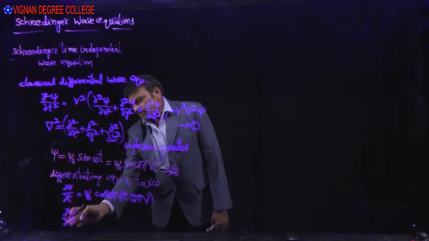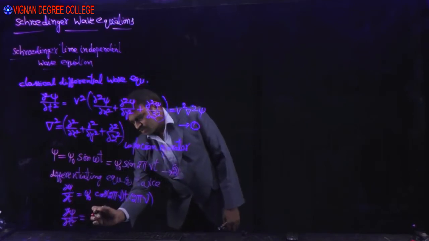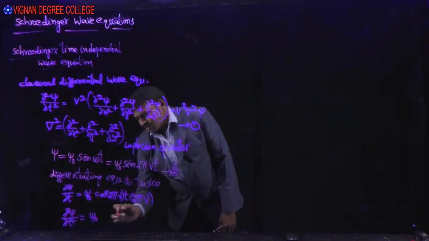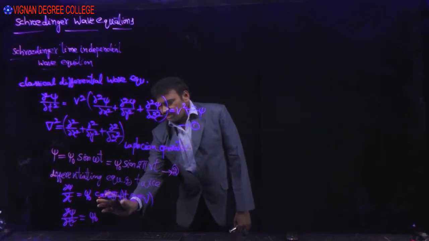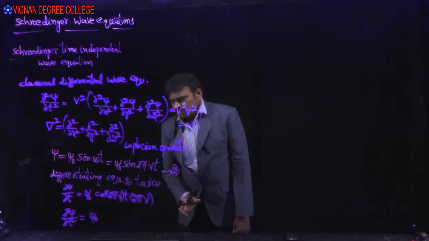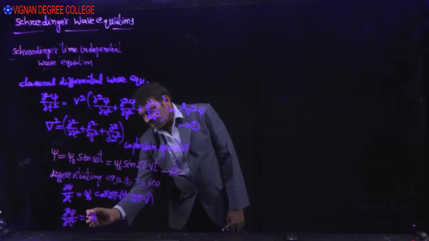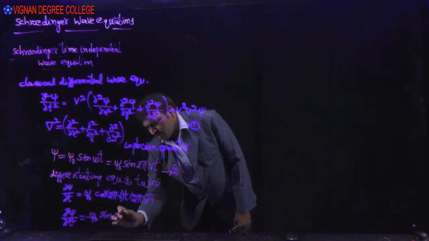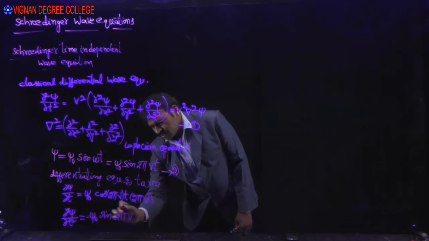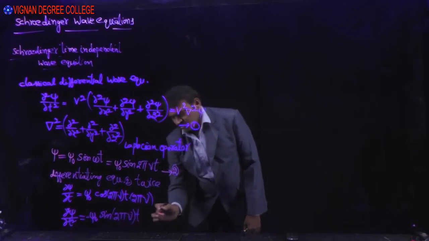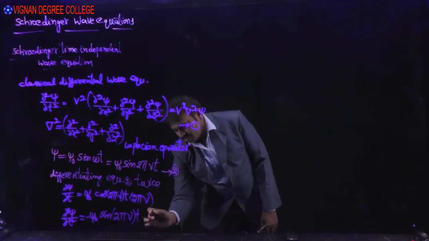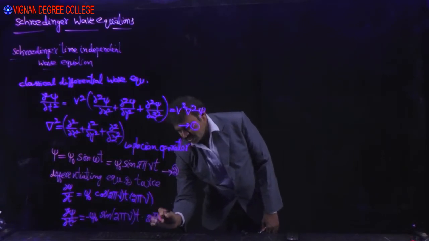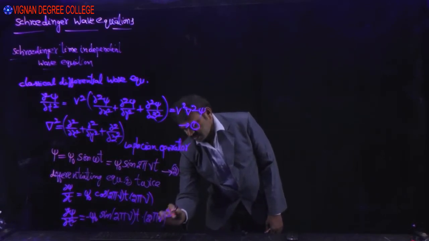Here psi naught, the differentiation of cos is minus sine, so minus sine 2 pi nu t, again 2 pi nu. So 2 pi nu into 2 pi nu, that is 2 pi nu whole square.